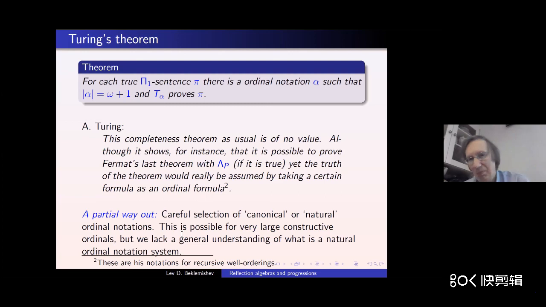Feferman was concerned with generalizing the works of Turing, which are negative results. As you see, with the theorem as stated here, I consider it, and Feferman also and Turing considered it, as a kind of disappointment, right? So it's a negative result. If everything true can be proven at a specific ordinal, that means that this does not allow you to classify anything.